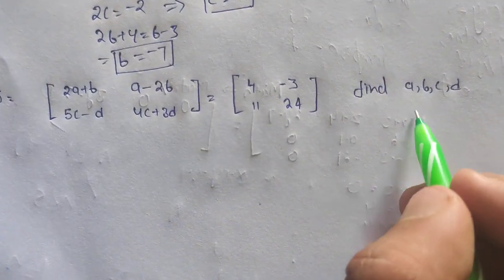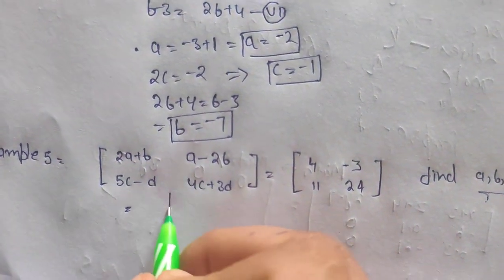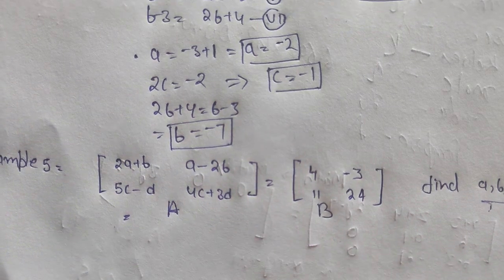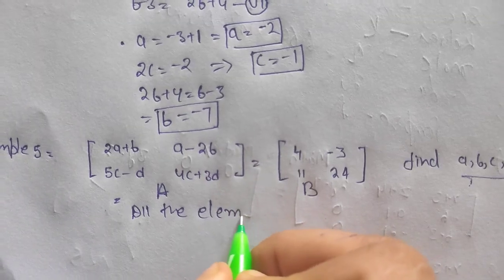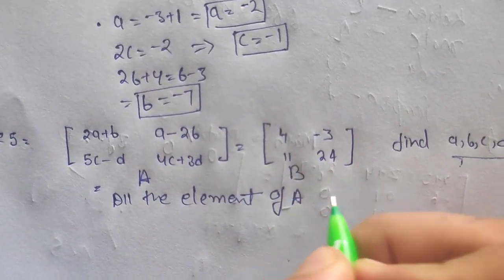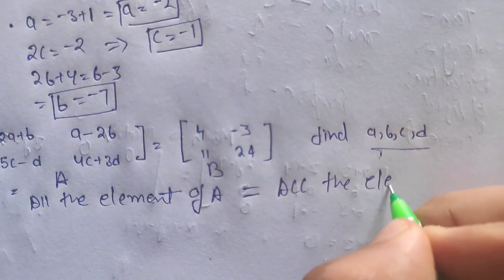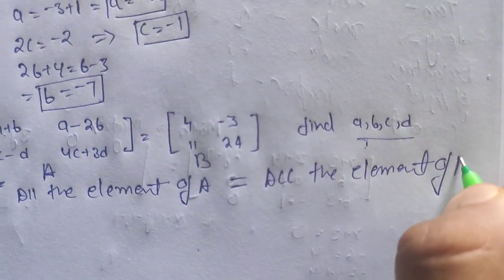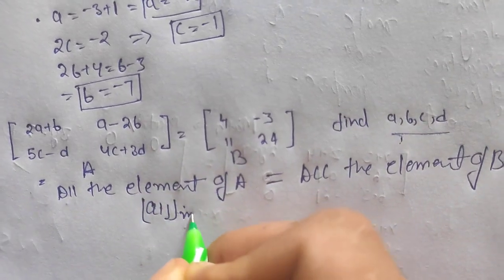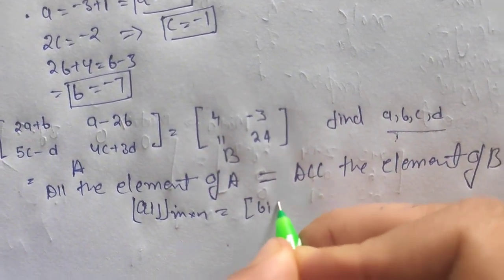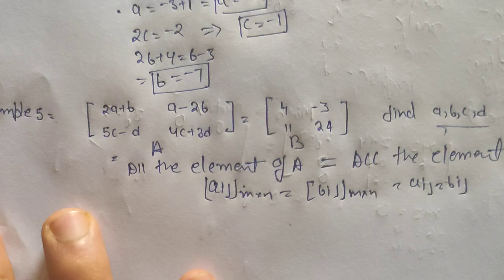Now I write the next question, example number 5, basically question number 2, and here we can ask: solve for a, b, c, d. Simple. If the matrix A and the matrix B are equal, then all the elements of A are equal to all the elements of B, that is, the order must be the same and aij is equal to bij, for understanding the concept.